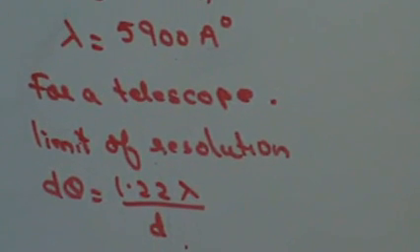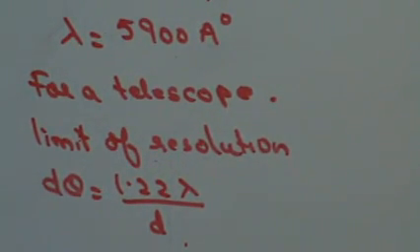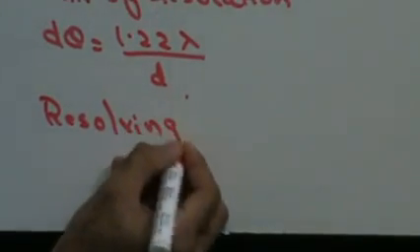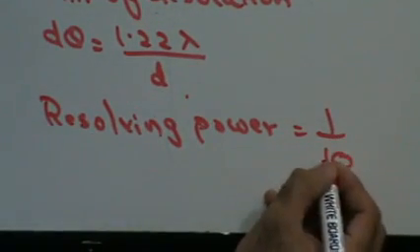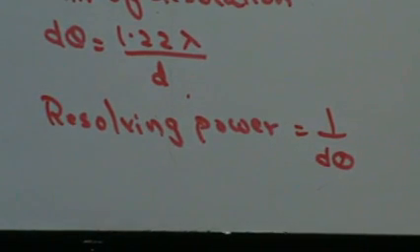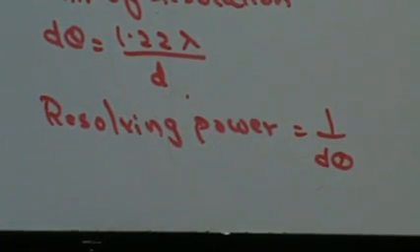You know λ, you know D, you should be able to get the answer. Next, the next part is the resolving power. The resolving power is the reciprocal of the limit of resolution dθ. You already found out dθ. You can reciprocate it and get that answer.